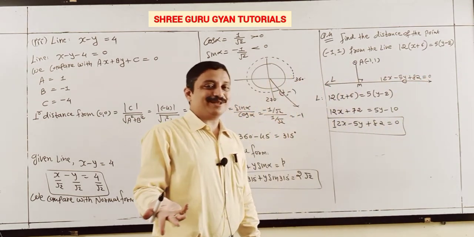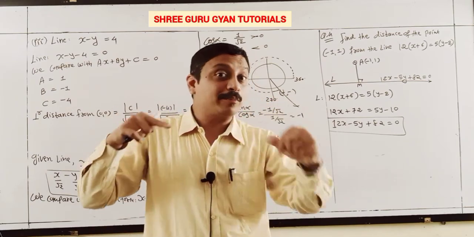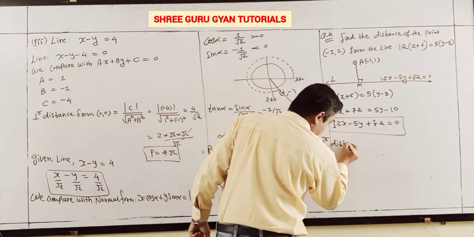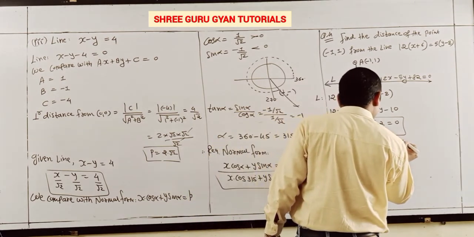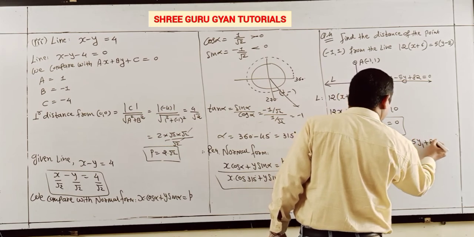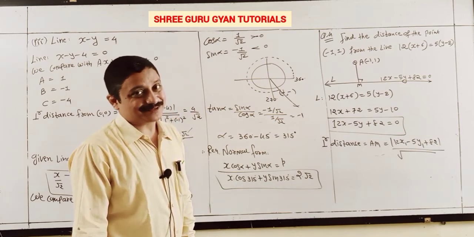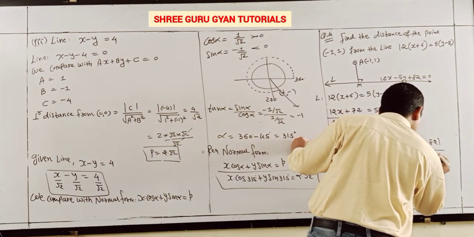And now today I explain the perpendicular distance from a line to a point. So the perpendicular distance is modulus of 12 x1 minus 5 y1 plus 82 by under root a square plus b square. What is your a? 12. B is minus 5.